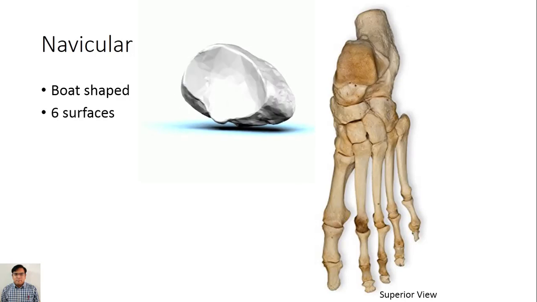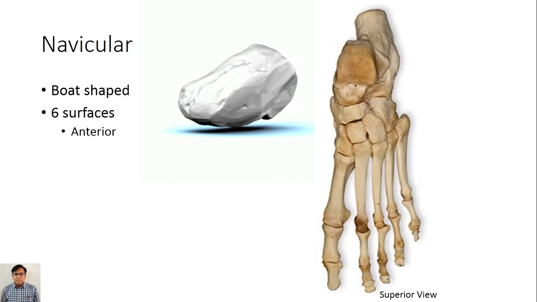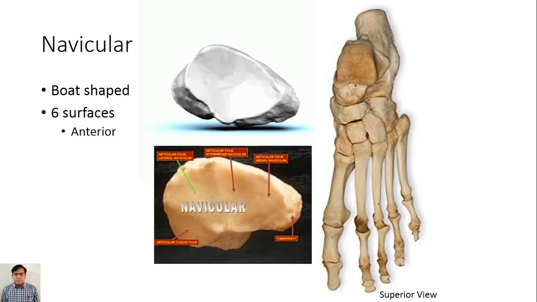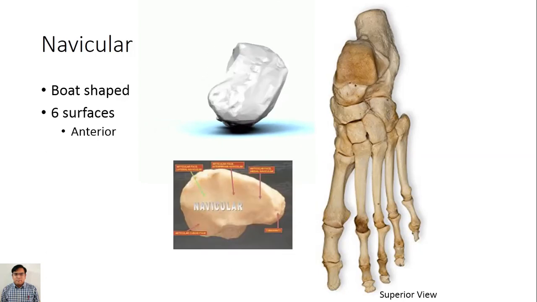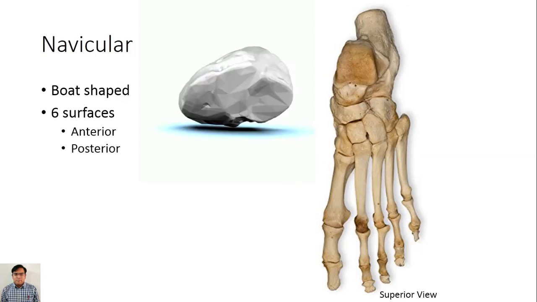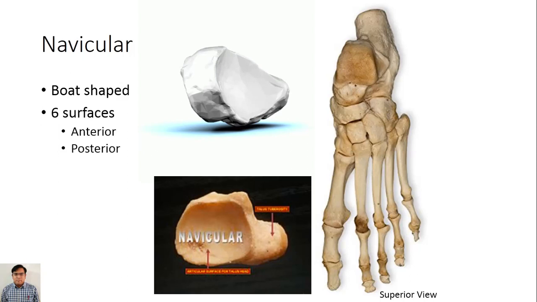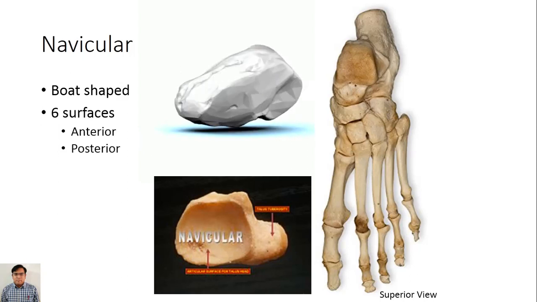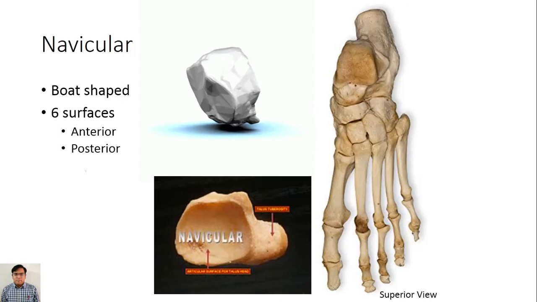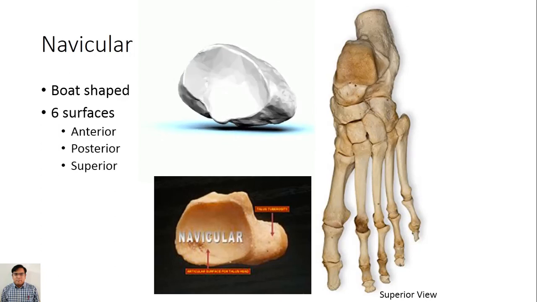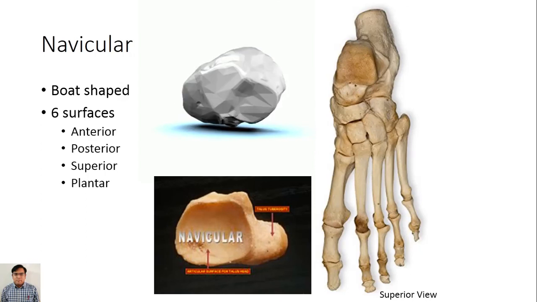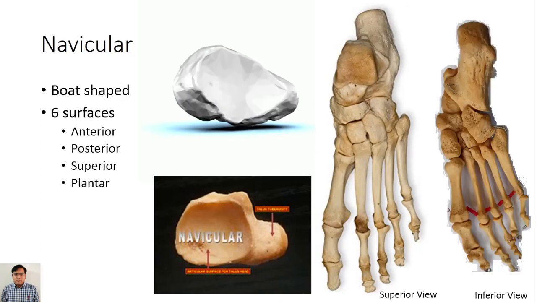It has 6 surfaces. The anterior surface has 3 articular surfaces. The posterior surface is concave and articulates with the head of talus. Then the superior surface, as shown in the superior view of the articulated foot, and the plantar surface, as shown in this photograph.